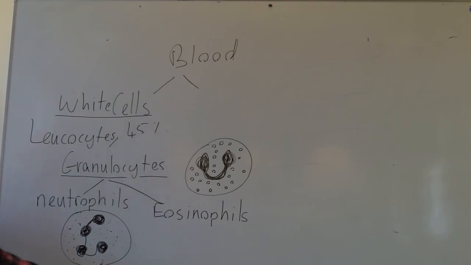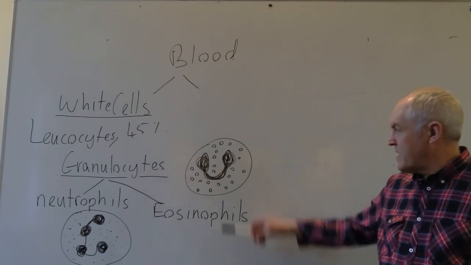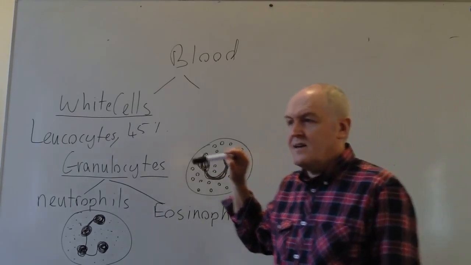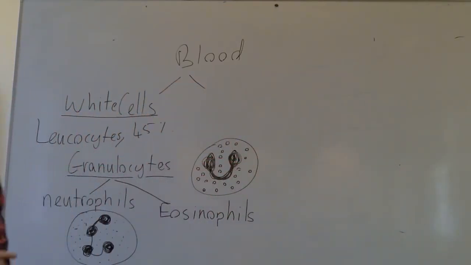Now the granules in the neutrophil contain chemicals to attack bacteria. And the granules in the eosinophils particularly attack parasitic infections.